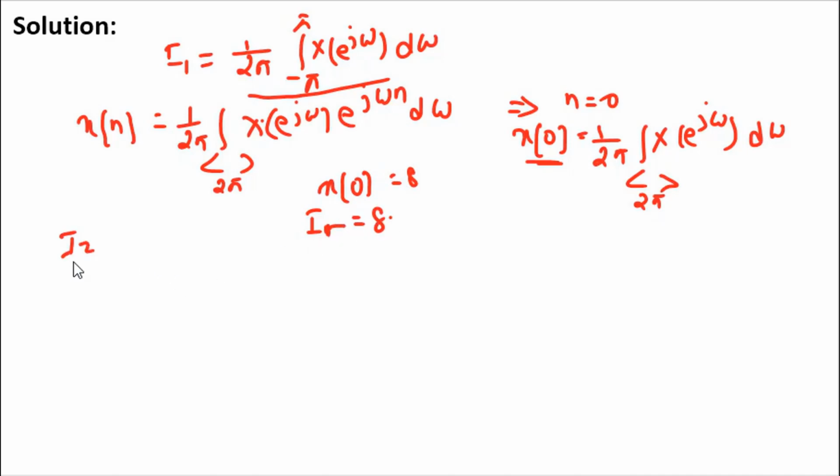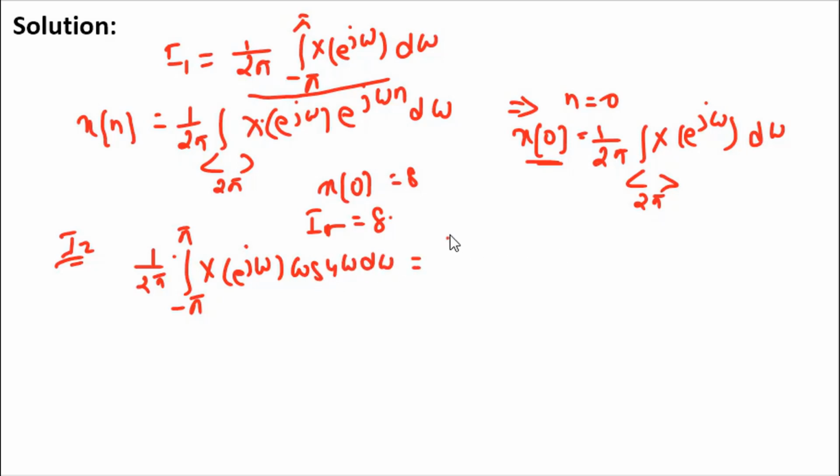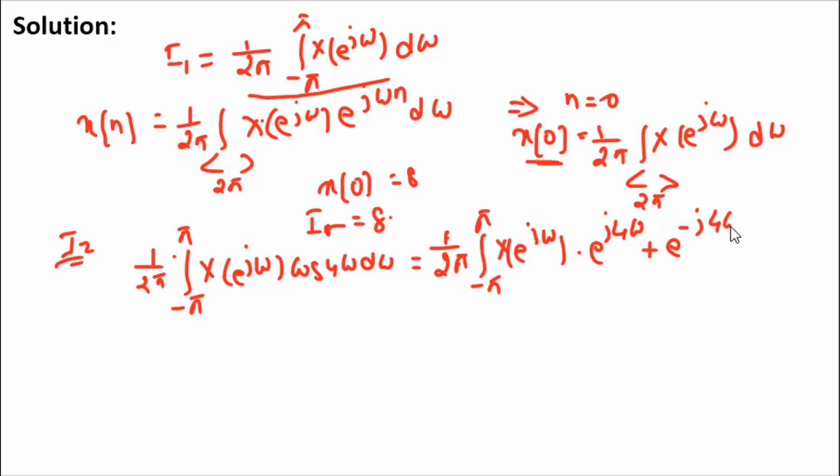Now coming to I2, your I2 value is given as 1 over 2 pi integral from minus pi to pi of x of e to the power j omega cos of 4 omega d omega. Or you can write this as 1 over 2 pi integral from minus pi to pi of x of e to the power j omega into e to the power j 4 omega plus e to the power minus j 4 omega upon 2 d omega.